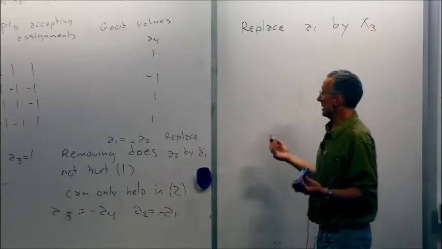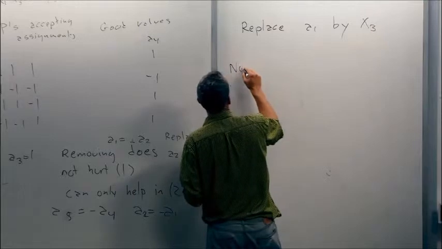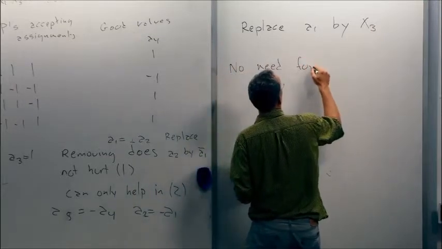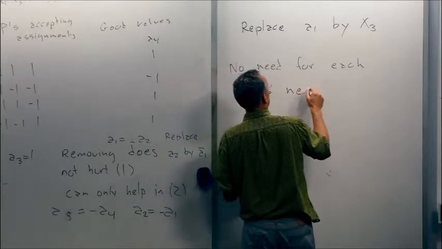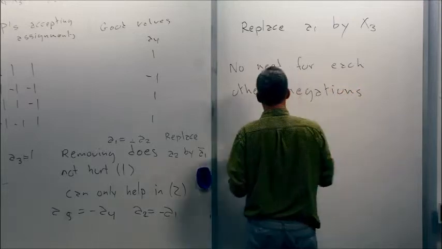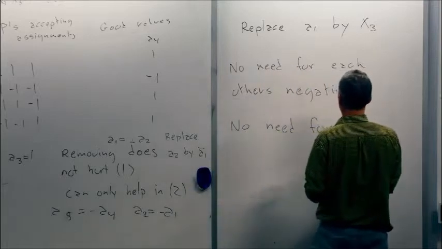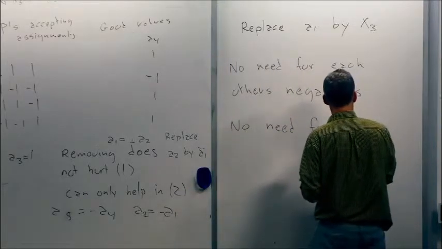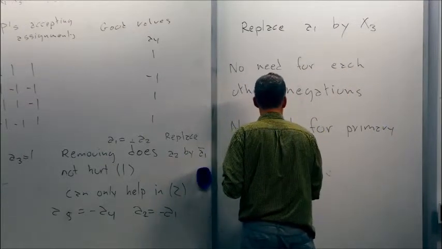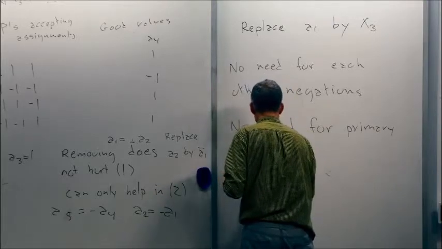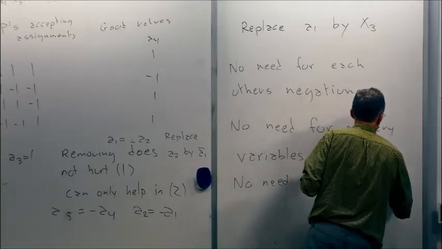Okay. So in this case, how many auxiliary variables do we have? No need for constants, right?